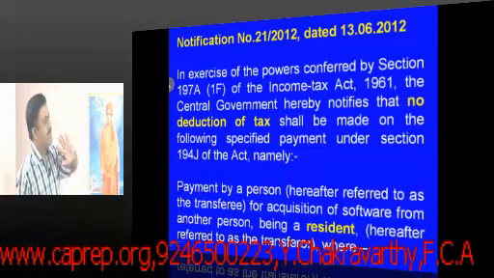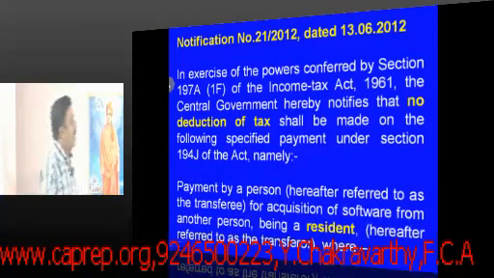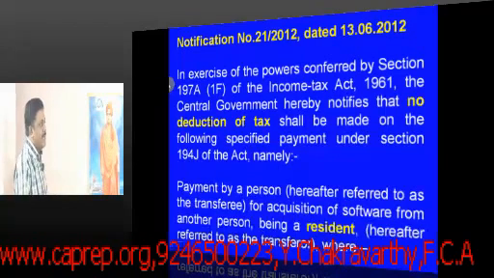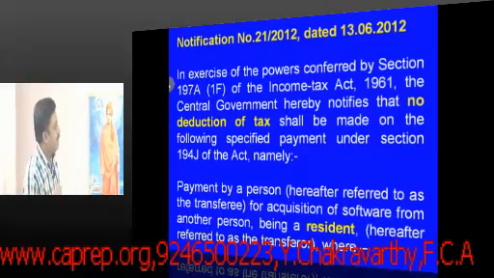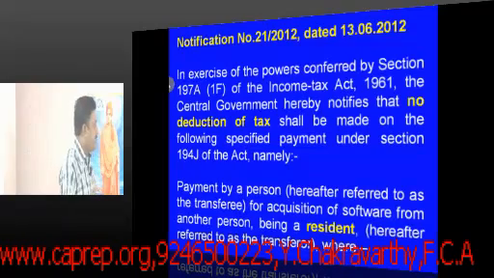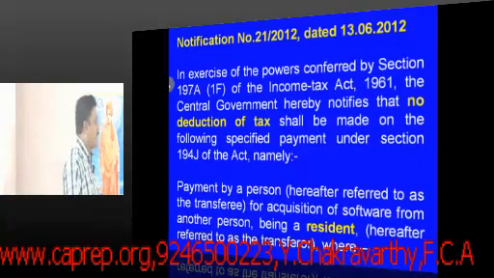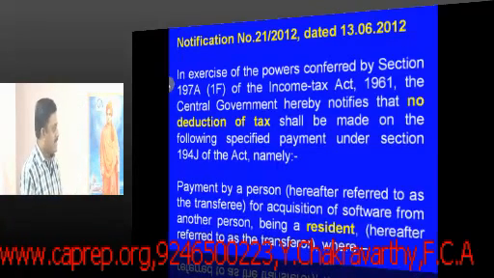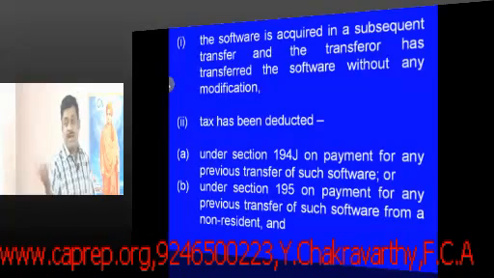In exercise of the powers conferred by section 197A1F of the Income Tax Act 1961, the central government hereby notifies that no deduction of the tax shall be made on the following specified payments under section 194J of the Act, namely payment by a person, hereinafter referred to as a transferee, for acquisition of the software from another person being a resident, hereinafter referred to as a transferor, where the software is acquired in a subsequent transfer.